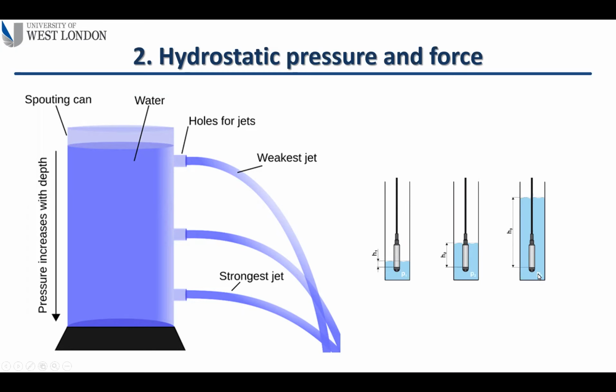For the situation where the height of the water column is H3, the pressure is shown by P3. If we compare the pressure in these three tubes, the pressure logger shows that P3 is the highest one and P1 is the lowest one, so P3 is greater than P2, and that is greater than P1.